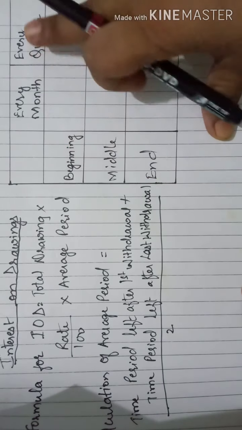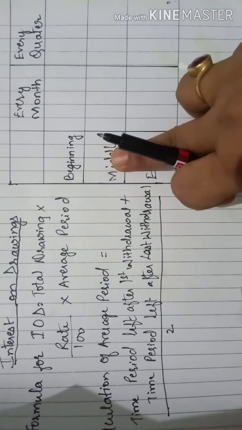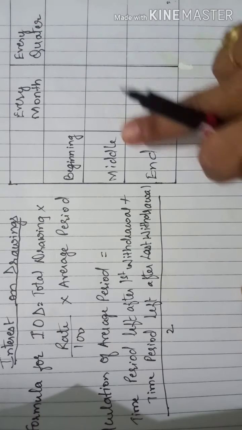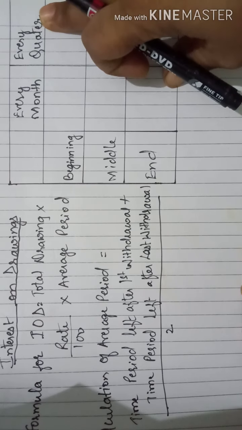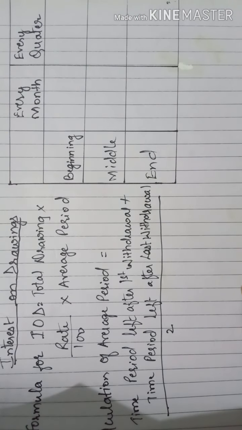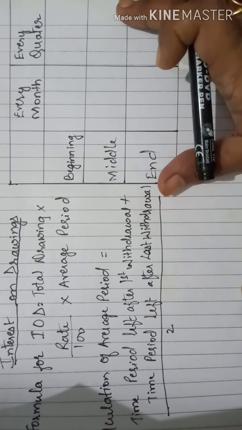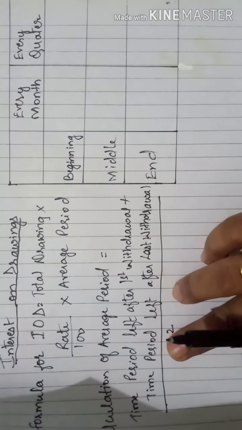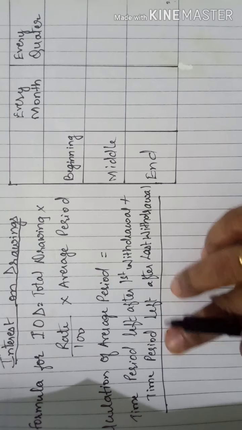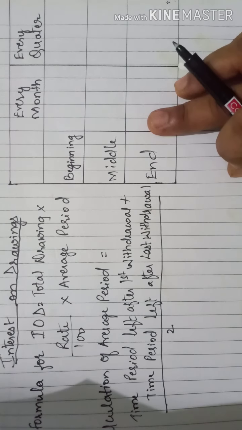So if it is beginning of every quarter, middle of every quarter, or end of every quarter, these are the conditions. There are a few more conditions, but right now we will focus on these 2 conditions, because I will tell you how to calculate the average period of this.